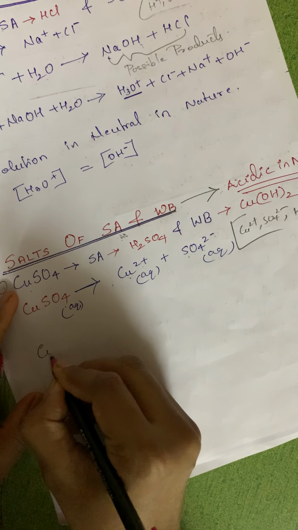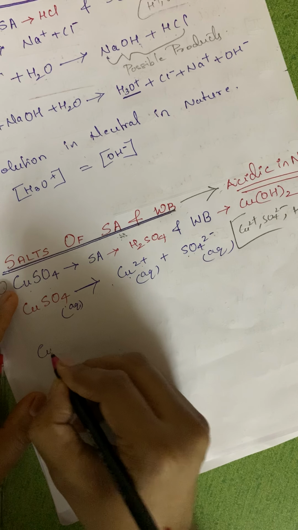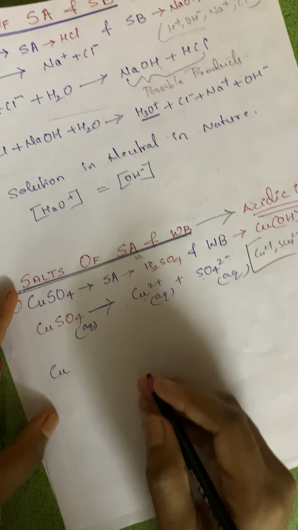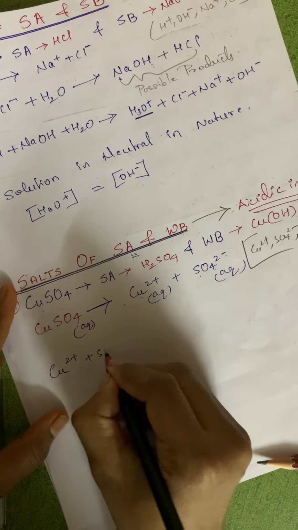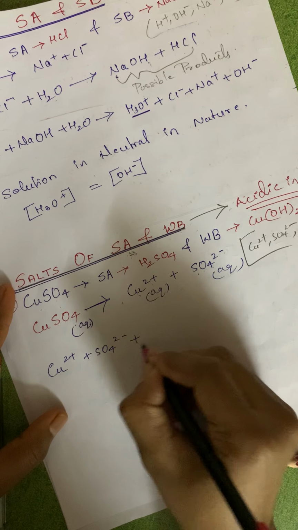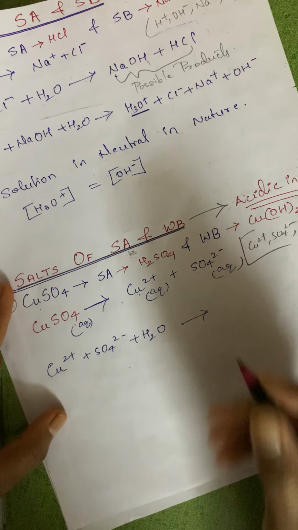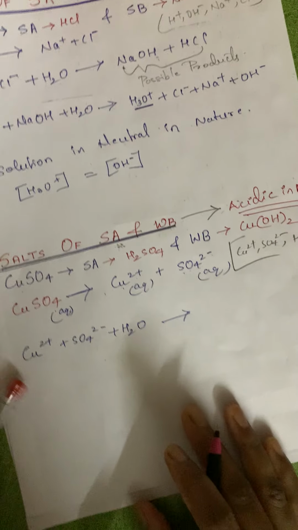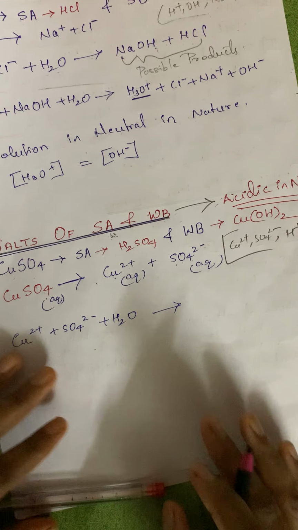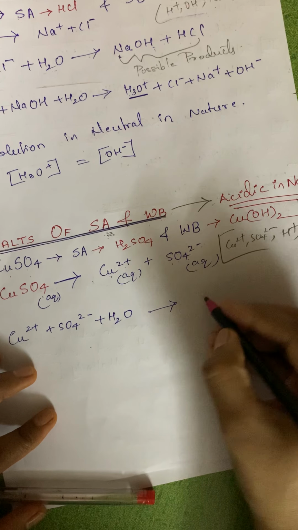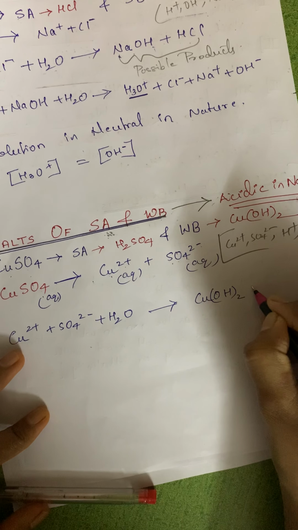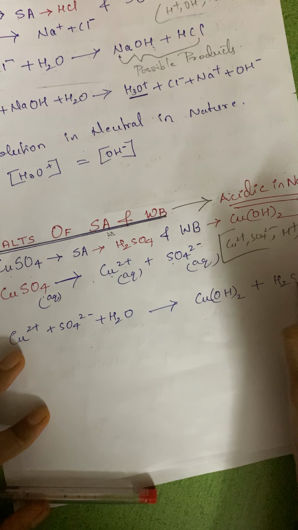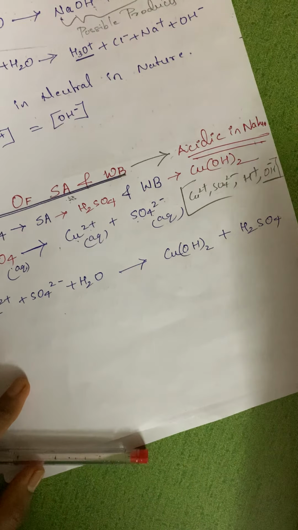So Cu2 plus SO4 2 minus plus H2O. What will happen over here? The possible products should be Cu(OH)2 plus H2SO4. These are nothing but possible products.